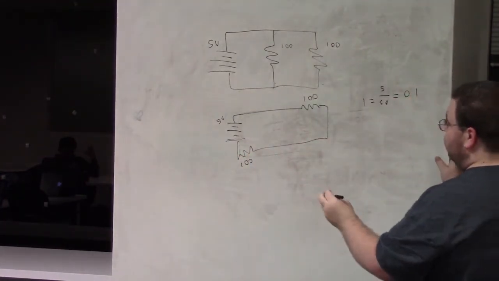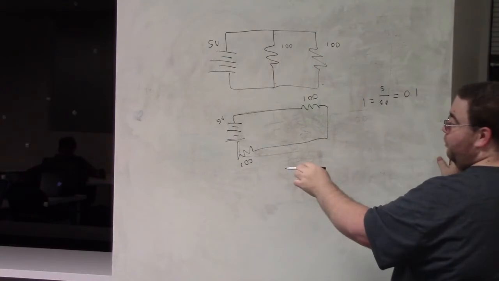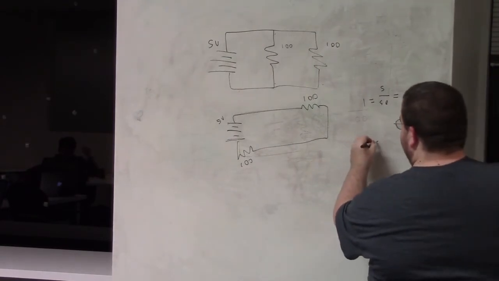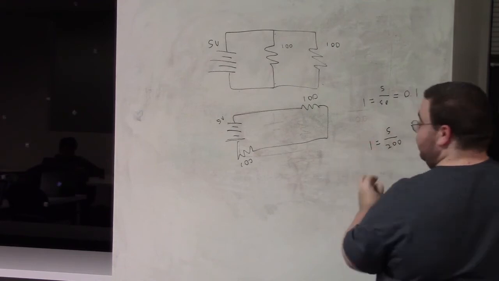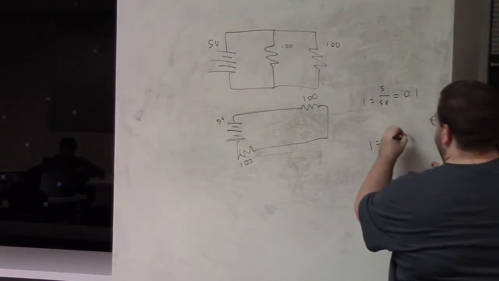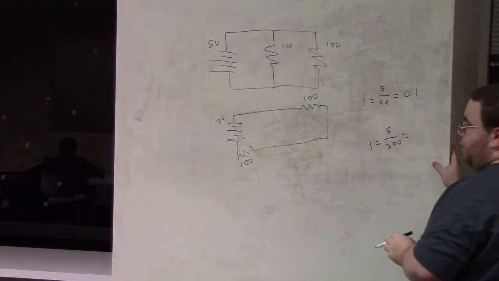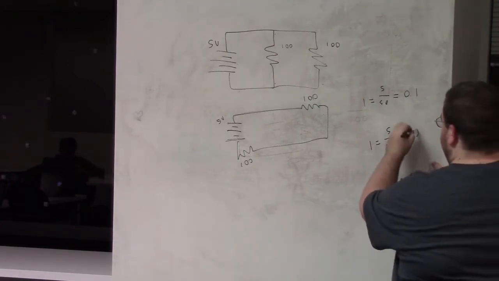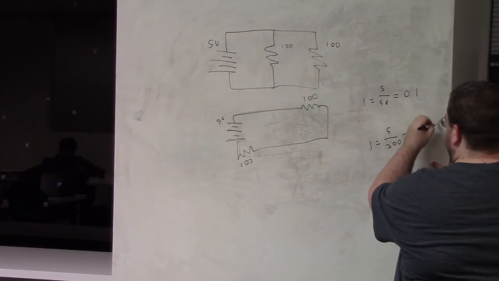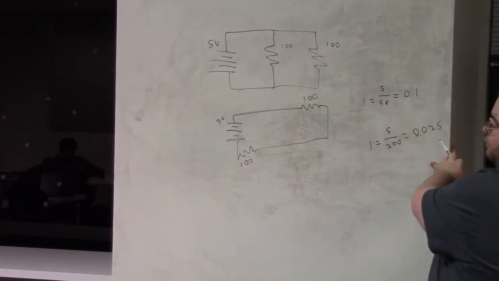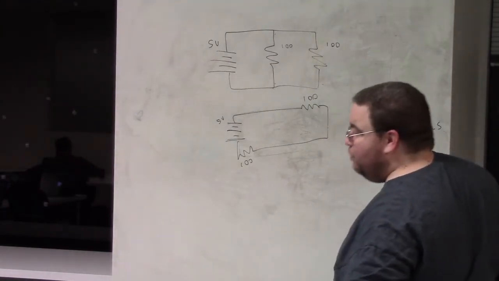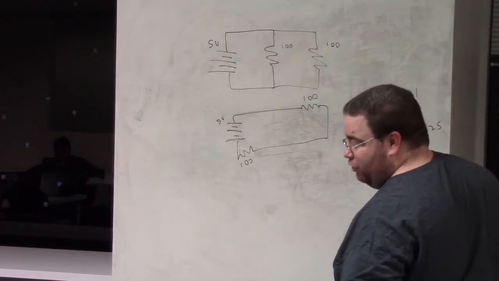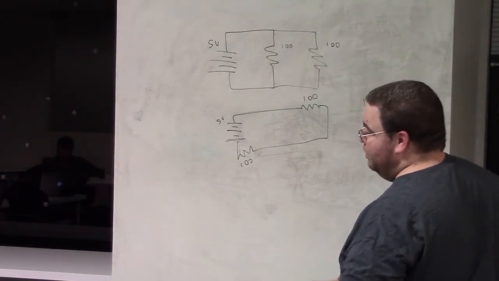So now we have a total of 200 ohms in the whole circuit, which means I equals 5 over 200, which is 0.025. See? It's a quarter as much amperage. Because the current going through the light bulb is what makes it light up, having a quarter as much means that it's going to be a quarter as bright.